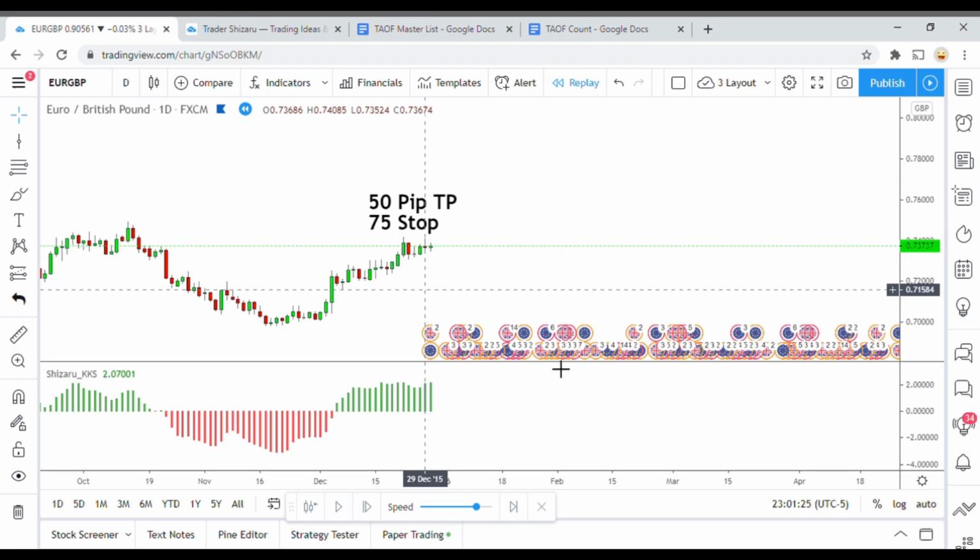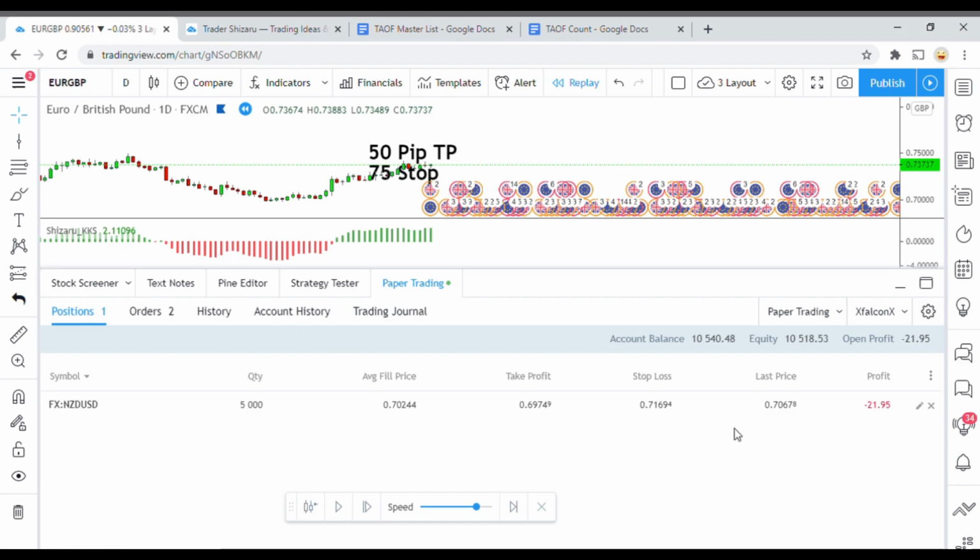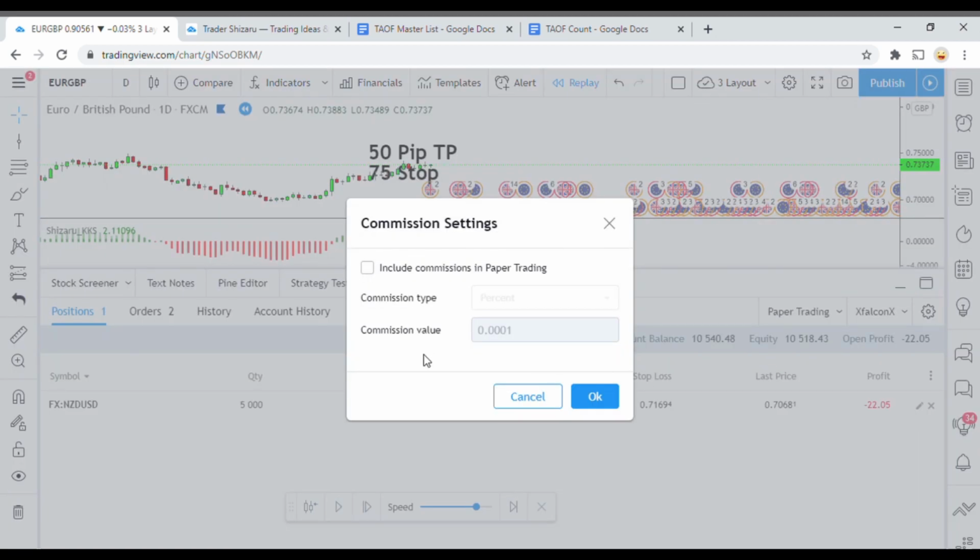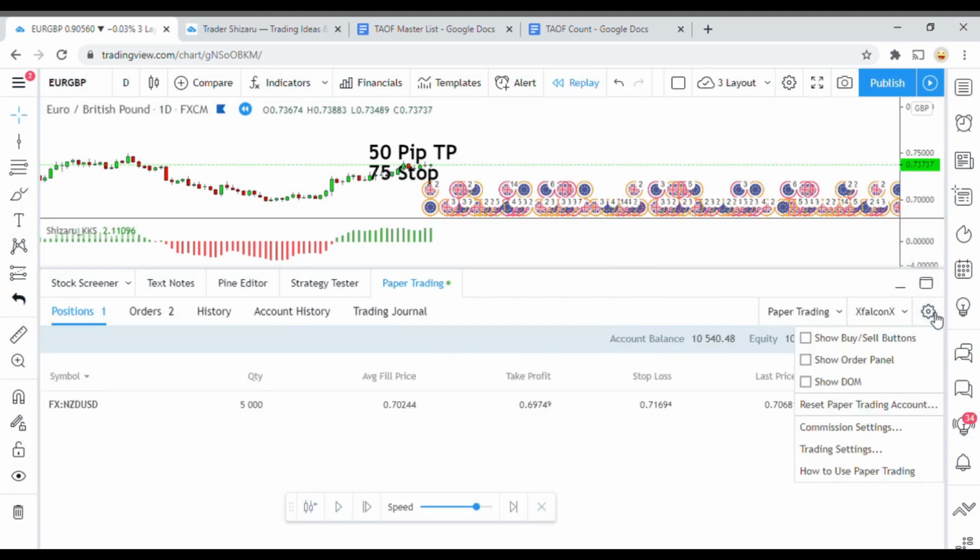I mean, I pulled it up here. I actually have one trade happening at the moment. Right there is what it's showing. It's not doing too good right now, just kind of playing around with a few different strategies, testing a few different things. But basically, you can go in here, go to settings, and set your commission rate. You can reset the paper account here.